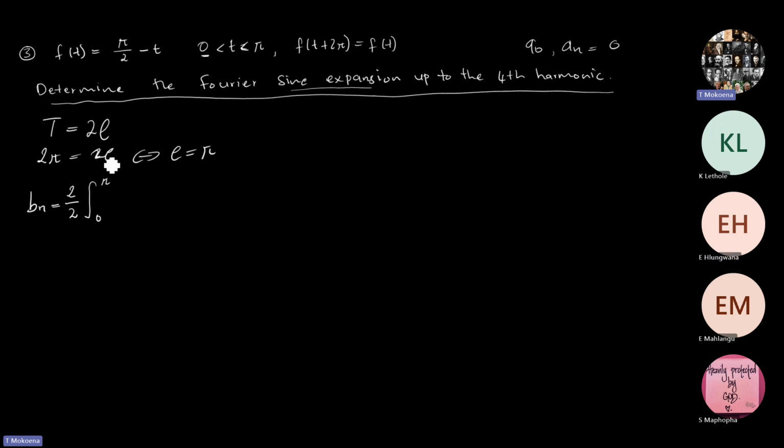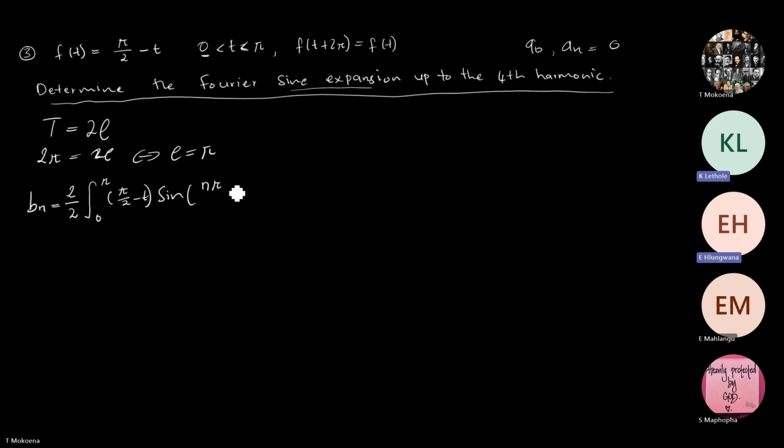I don't write f of t dt in full now because we are masters of this; we just write f of t as this. We don't want to waste time, now it's exam. We have pi over 2 minus t, but because it's b n, we have sine. Hence why they say sine expansion. So we have sine of n.